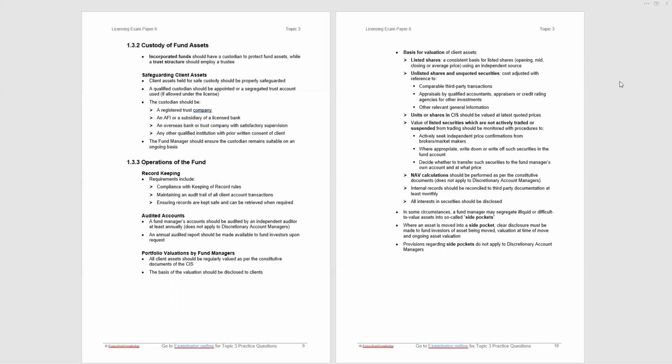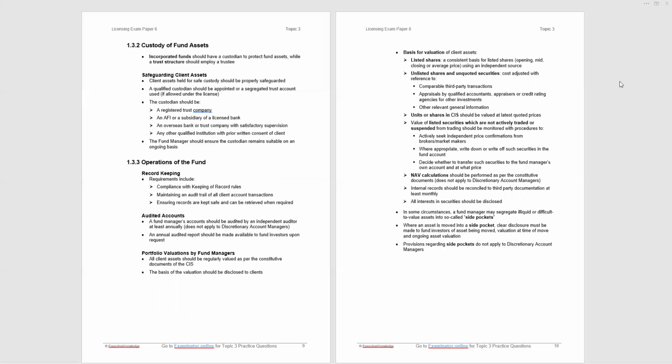Now, basis for valuation of client assets is something that can be examined, and yikes, look at the amount of detailed material. Be aware, listed shares should be valued on a consistent basis. Unlisted shares unquoted, cost adjusted with reference to some other people's views.